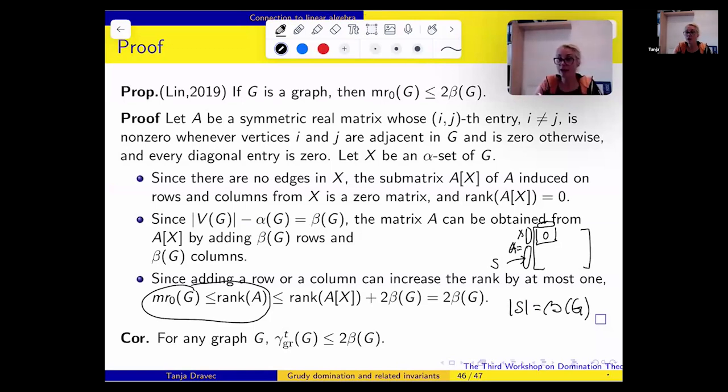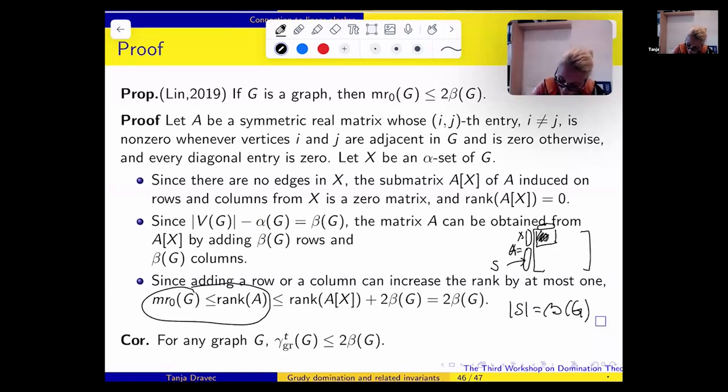But now, how can I build A from this matrix of zeros? If I have this matrix here, how can I get A from this small matrix? I first add beta of G rows, and then I add beta of G columns. Because adding a row or a column can increase the rank by at most 1, and I added 2 times beta of G rows and columns, I get this inequality here.